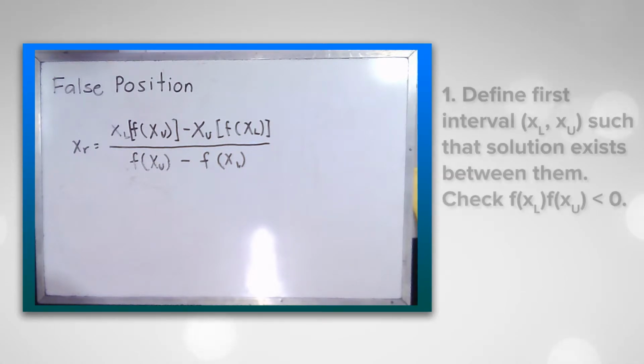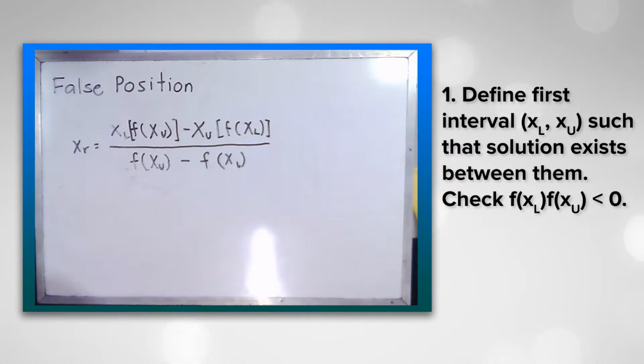Step 1. Define the first interval x sub l and x sub u such that the solution exists between them. We could check that if we multiply f of x sub l and f of x sub u, basically inserting the value of x sub l and x sub u into our equation and getting their values, the product of these two must be less than 0, or in negative sign.